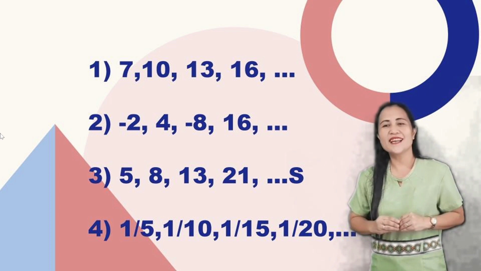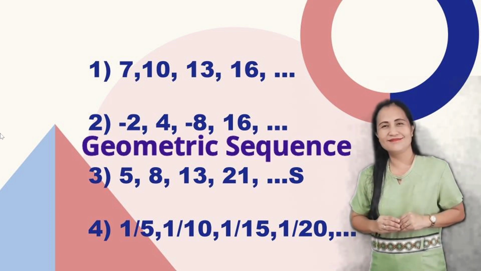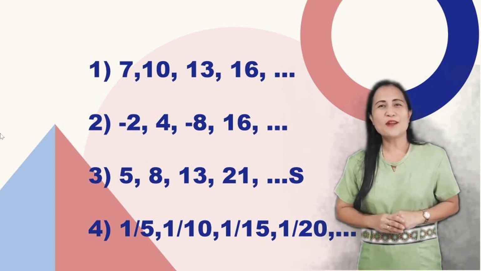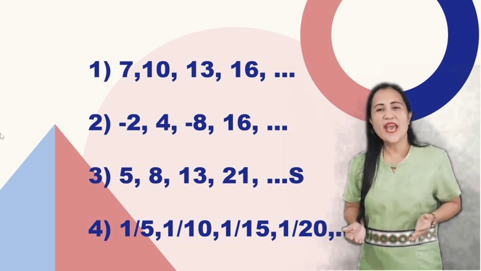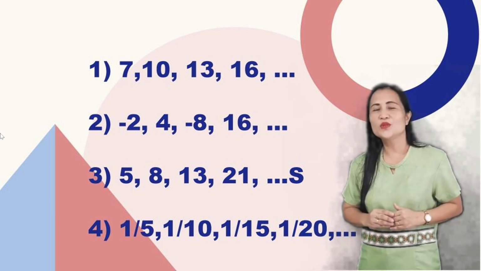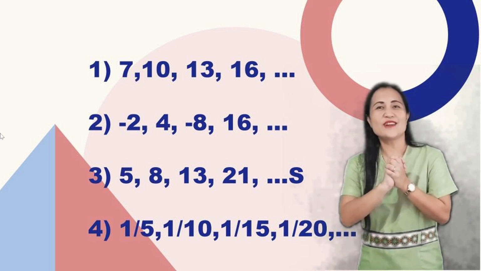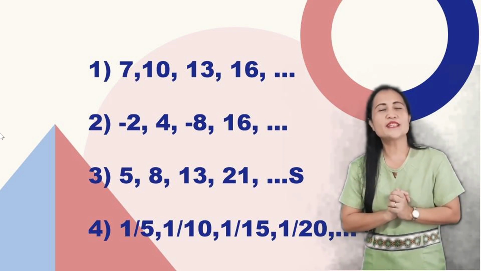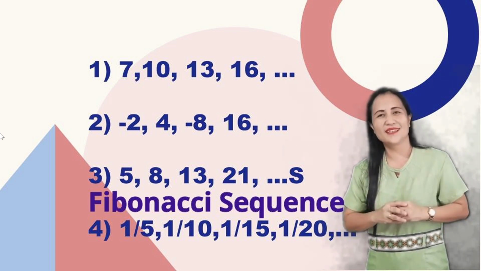You're correct. That is a geometric sequence. Next, number 3, we have 5, 8, 13, 21. Yes, definitely, you're right. That is part of a Fibonacci sequence.